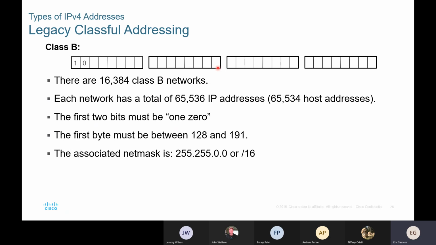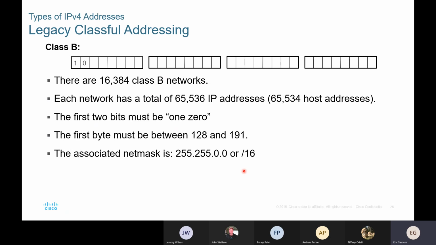The 16 1s say that all those bits are network bits. And the 16 0s say that all those bits are host bits. So the net mask will be /16 in our notation.